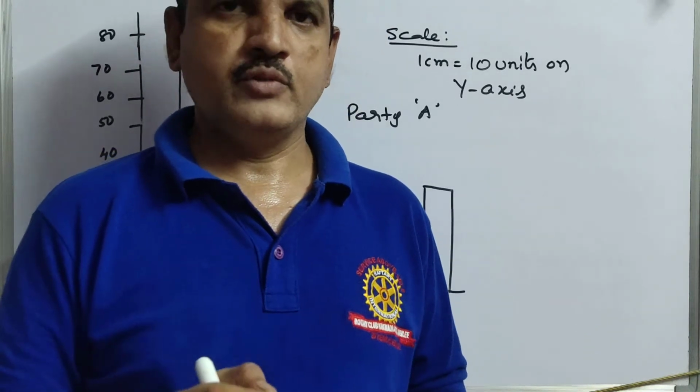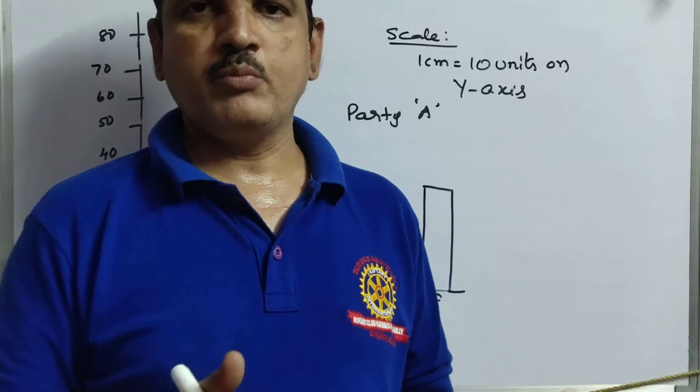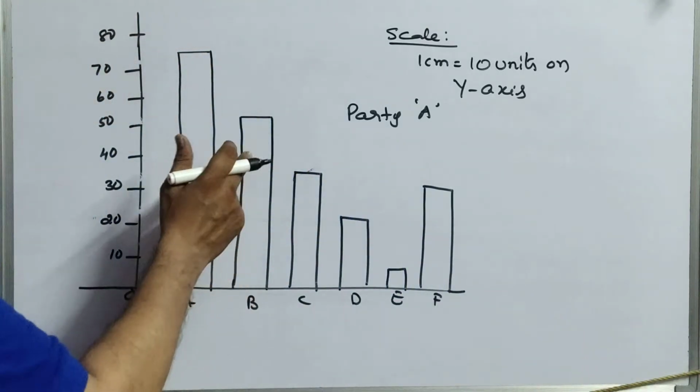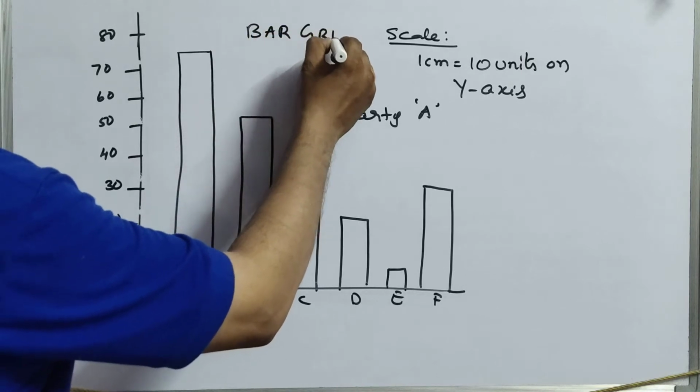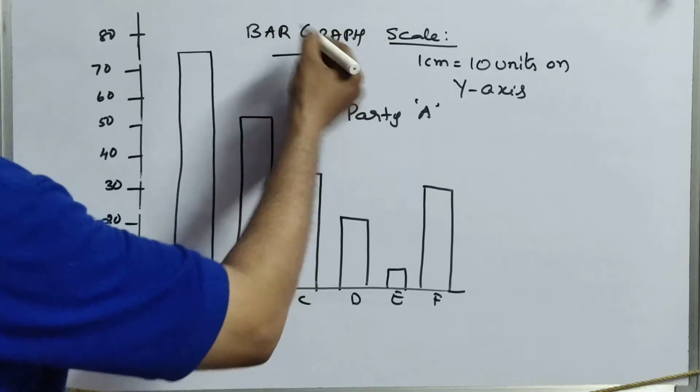So what is the difference between a bar graph and a histogram? Just now we have drawn a bar graph.